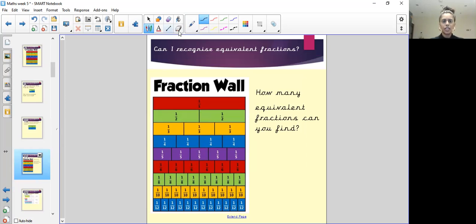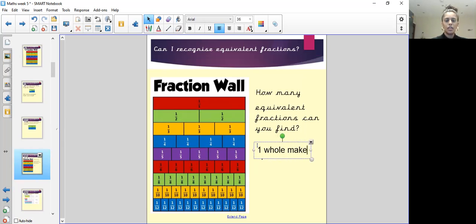I'm going to give you just a few examples of what I can see. I know that 2 halves make a whole. So written as a fraction, 2 over 2 makes a whole.